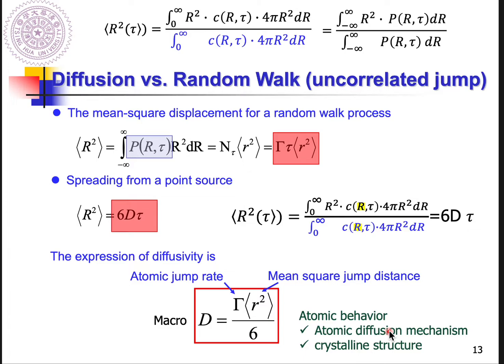For example, the interstitial diffusion mechanism means the atoms move from interstitial sites, right? And for the vacancy-mediated mechanism, that means the atoms exchange with a vacancy at a substitutional site, right? So it depends on what kind of diffusion mechanism we talk about.